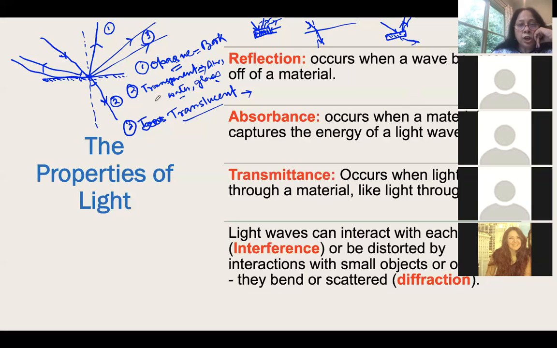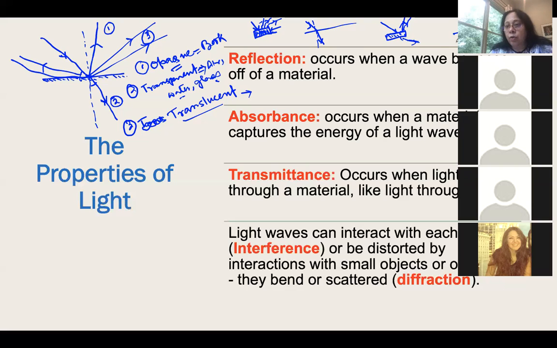Okay, so these are the three different types of material based on the density of that material and how light actually behaves when it passes through these types of materials. Now for the opaque, what happens? Opaque material, light cannot pass through it.